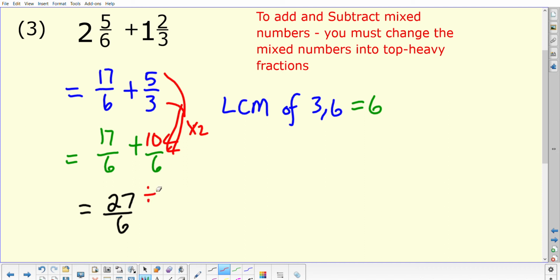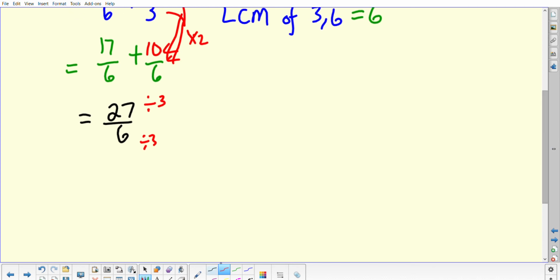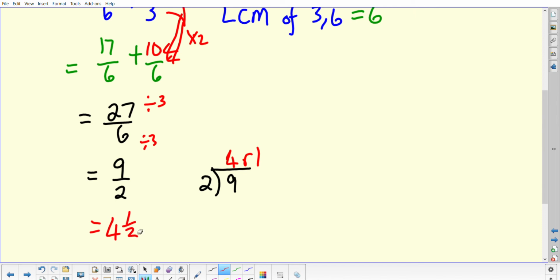Both of those are in the 3 times table, so you should divide by 3. So that would give you 9 over 2, and that's still a top-heavy fraction, so 2 goes into 9, 4 times, remainder 1. That tells you your answer would be 4 1/2.